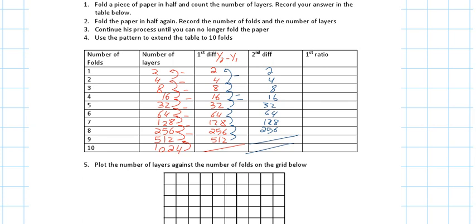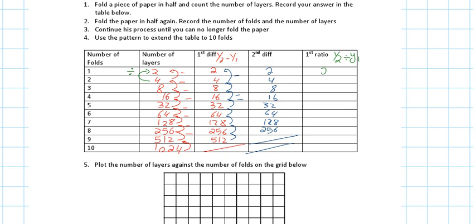Same way as I was subtracting, but I'm dividing in this case. Okay? So, I'm going to go back to my y values, and I'm going to divide to find my first ratio. Okay? So, for the first ratio, it's y2 divided by y1. Okay? So, what's 4 divided by 2?